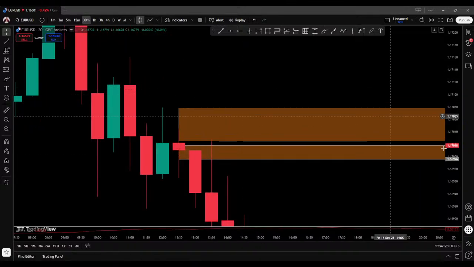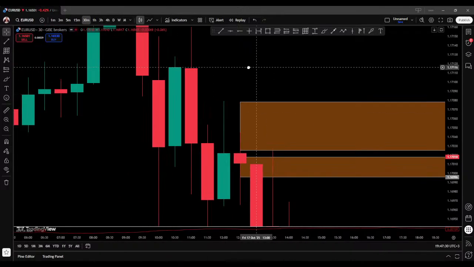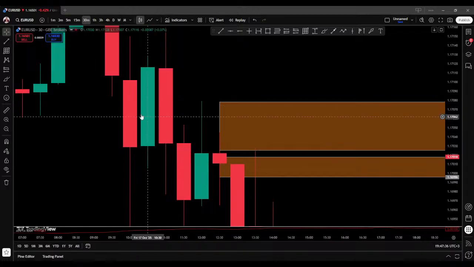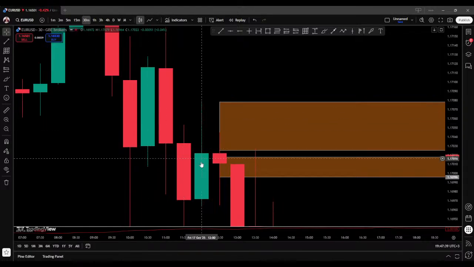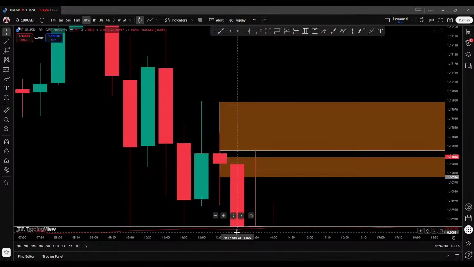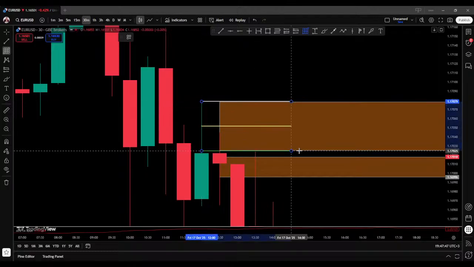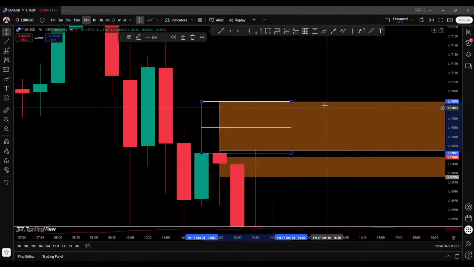Now, this wick, according to our order flow, took out this liquidity because this is what retested our order block here. So this wick has all the money. That means this wick must be retested at the base and at 50%.